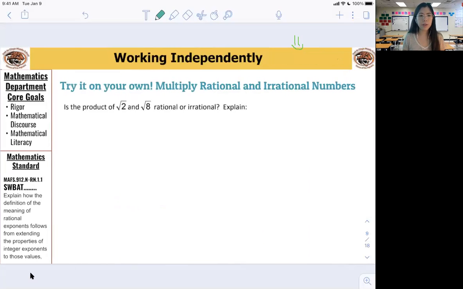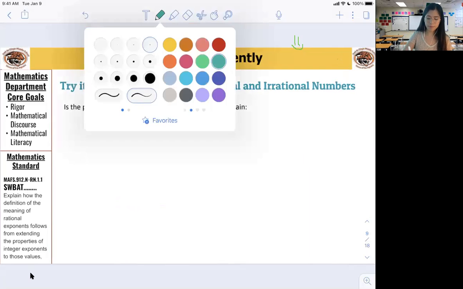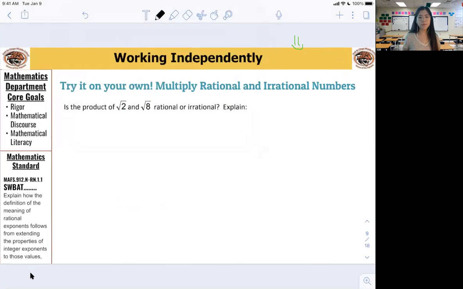All right, so a couple questions. First one, is the product of the square root of 2 and the square root of 8 rational or irrational? Irrational.